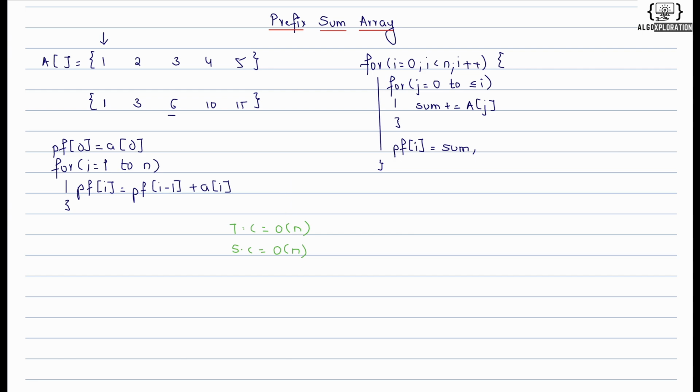But here I'm talking in terms of Java: if this array is not final, that means if we can modify it, then we can simply convert the original array into the prefix sum, by adding this and this in this place, which will be 3, then 6, and so on. But if the original array is final, then we have to keep the prefix sum array separately. So here is a condition.